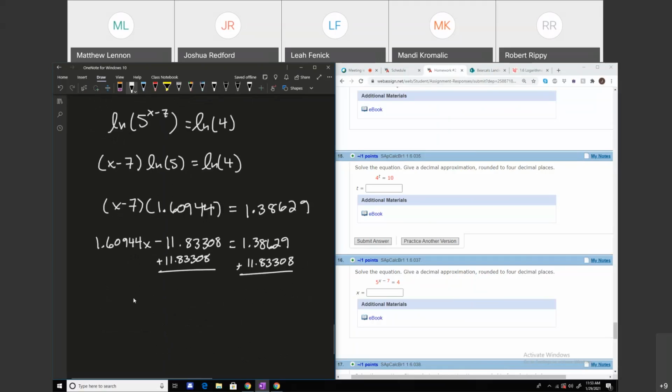So almost done. We have this 1.60944x equals 1.38629 plus 11.83308, which gives me 13.21937. Last step, just divide.